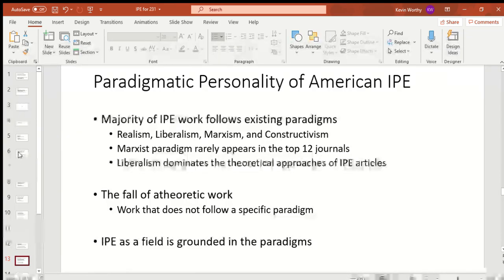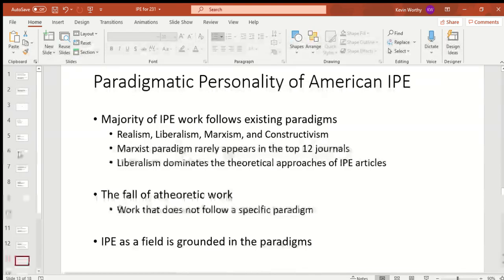Now, in IPE, liberalism has been dominating since the 1980s, and realism and constructivism haven't really pushed in yet. So why do we still talk about realism? Because it's the point by which to be critiqued. As we talked about early in the course, I'm going to give you realism, and then I'm going to give you all of these other theories. Realism is very clear, so the teaching of it is very easy.